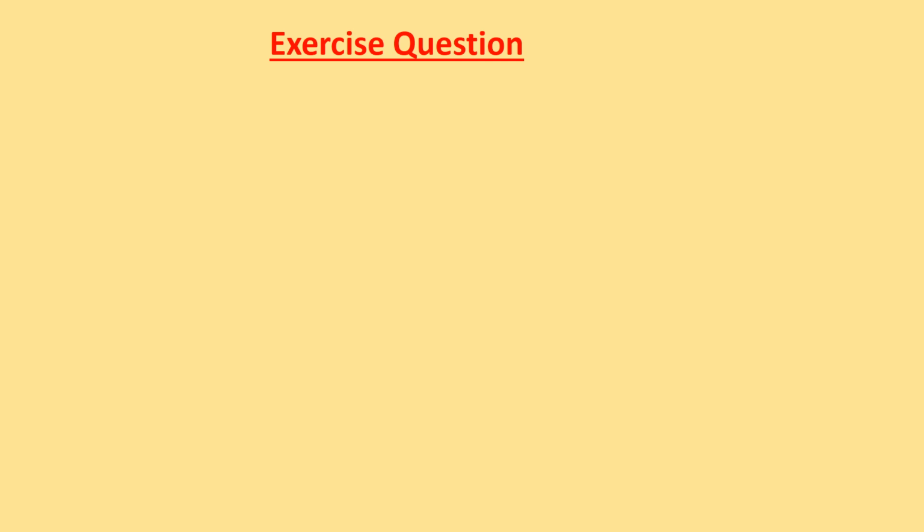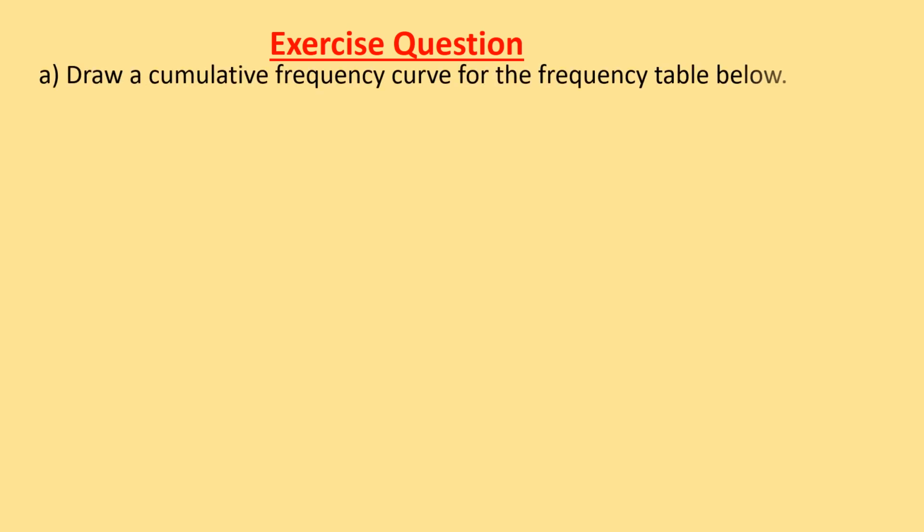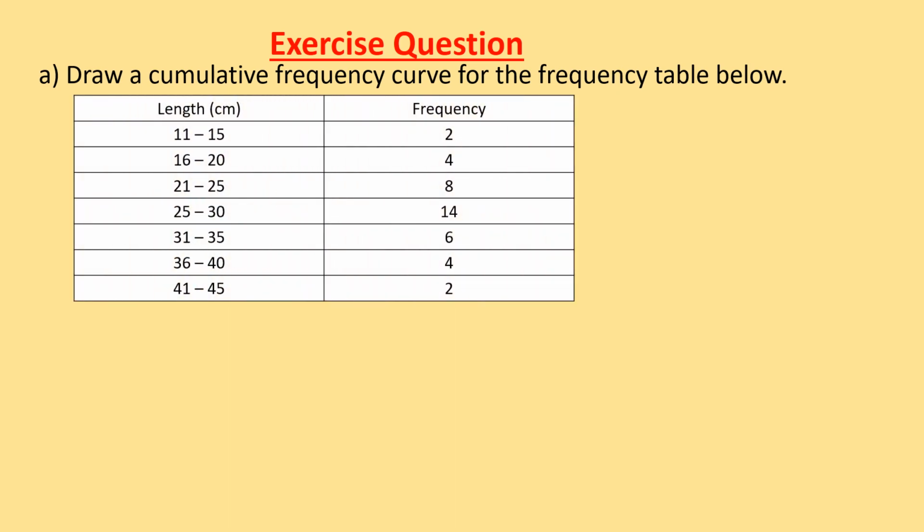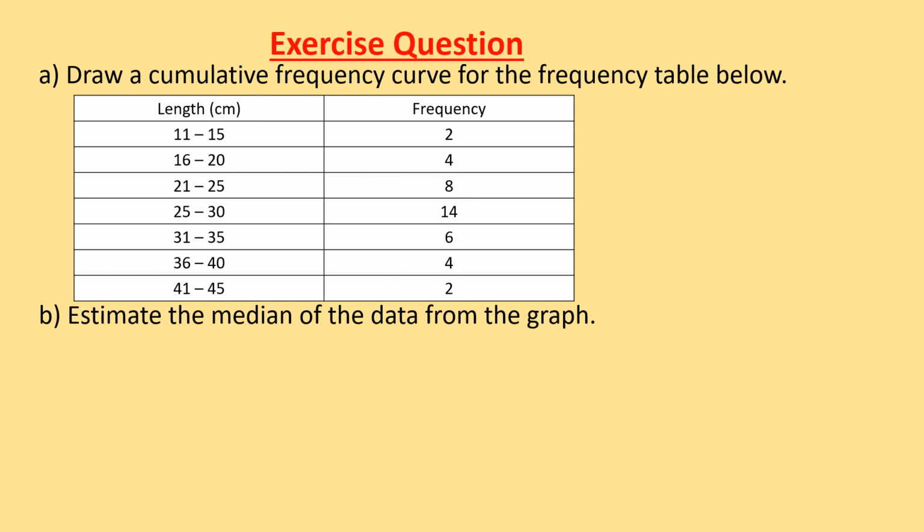Now we are done. It's now your time to try out these questions. Question 1. Draw a cumulative frequency curve for the frequency table below. This is the frequency table. After drawing this, estimate the median of the data from the graph.